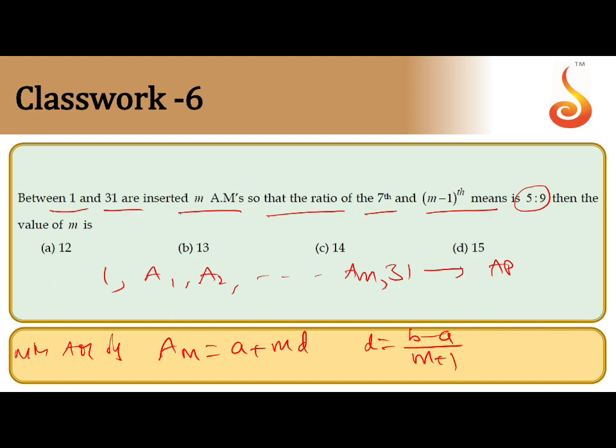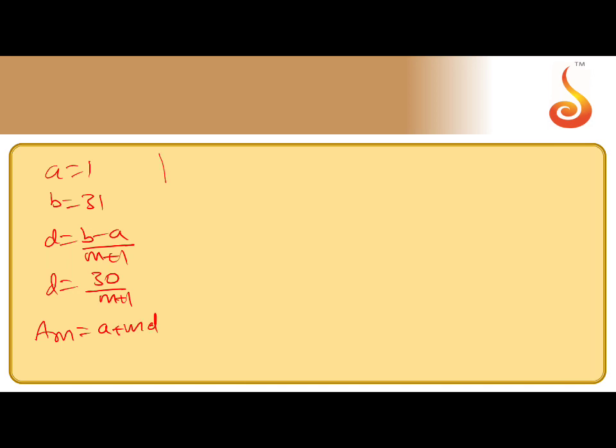So first, A is 1, B is 31, D is (B minus A) by (m plus 1). So B is 31, 31 minus 1, 30 by (m plus 1), that is the D value. And Am is A plus m D. These things you have to memorize when solving problems. And they are given A7 by A(m minus 1) as 5 by 9.